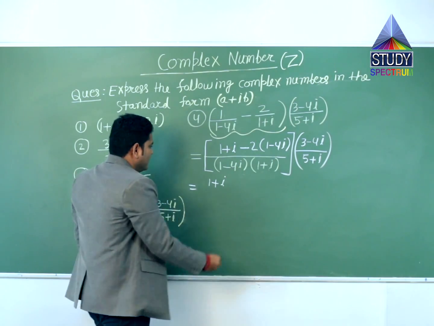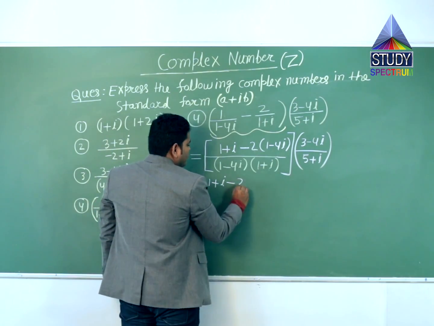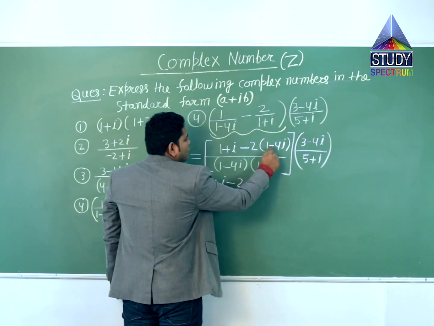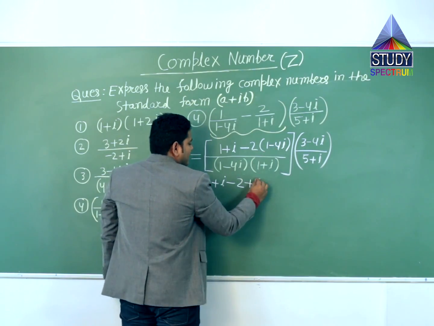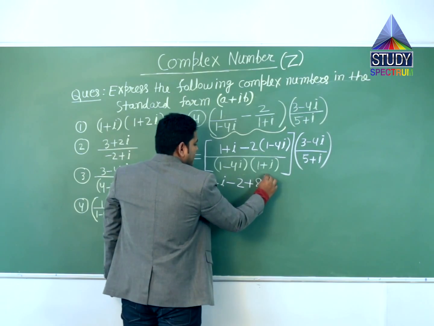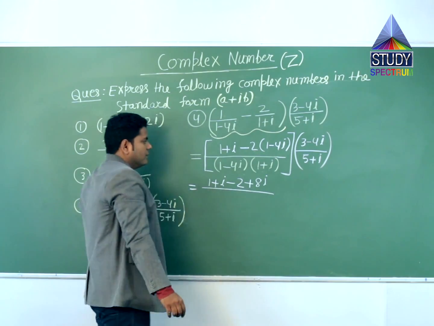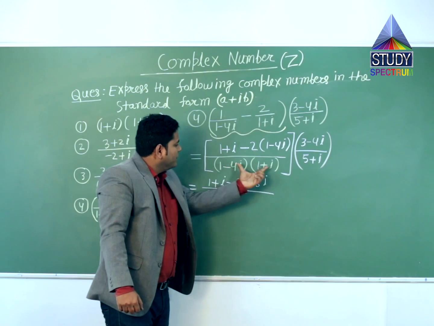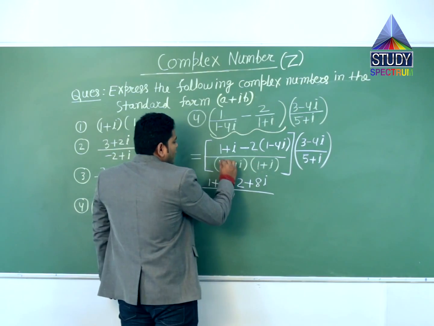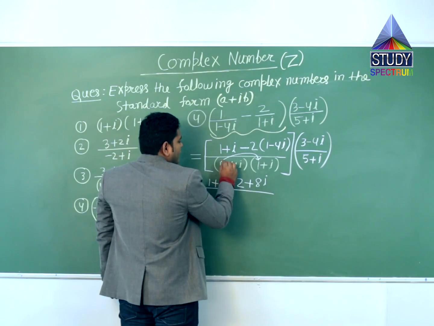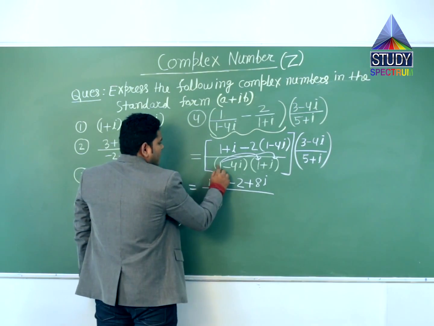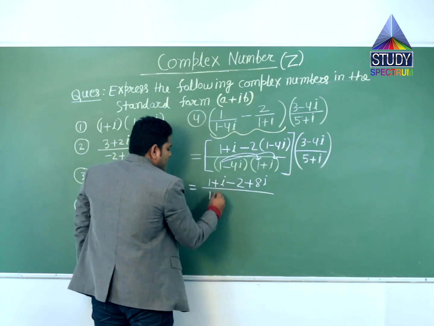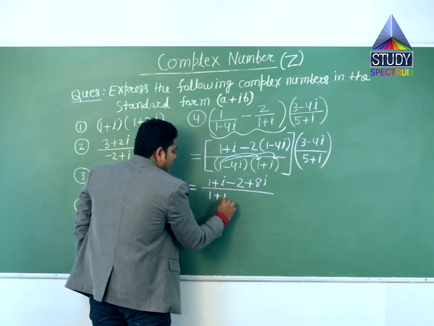Okay. So 1 plus i minus 2 into plus 1. Minus into plus is minus, 2 into 1 is 2. So minus 2 into minus 4i. So minus into minus is plus, 2 into 4 is 8, and i is there, upon. Now multiply the denominator. So 1 into 1 is 1, plus 1 into plus i is plus i.